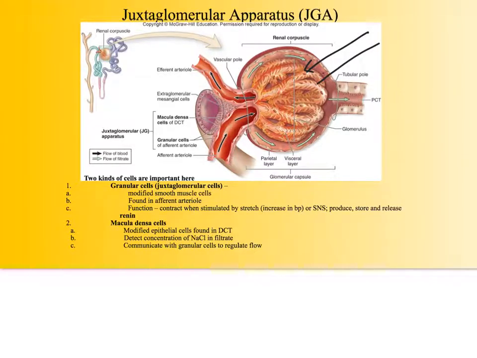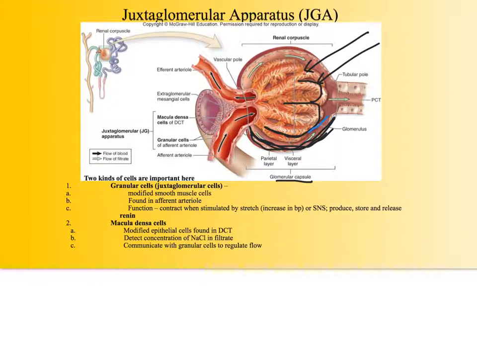These are capillaries, and they're covered with a visceral layer. The visceral layer of the capsule lies right on top of the capillaries. Out here is the parietal layer. Visceral lies right on top and parietal is outside. There's going to be a space in there.